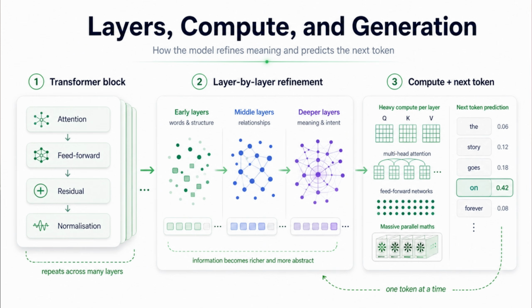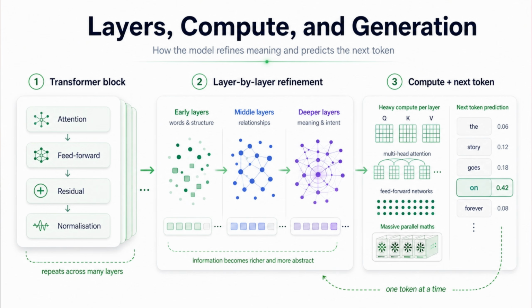Now, there are also supporting techniques like residual connections and normalization, which help keep the information stable as it moves through the many layers. So, the model does not understand everything in one single step. The information is refined layer by layer.